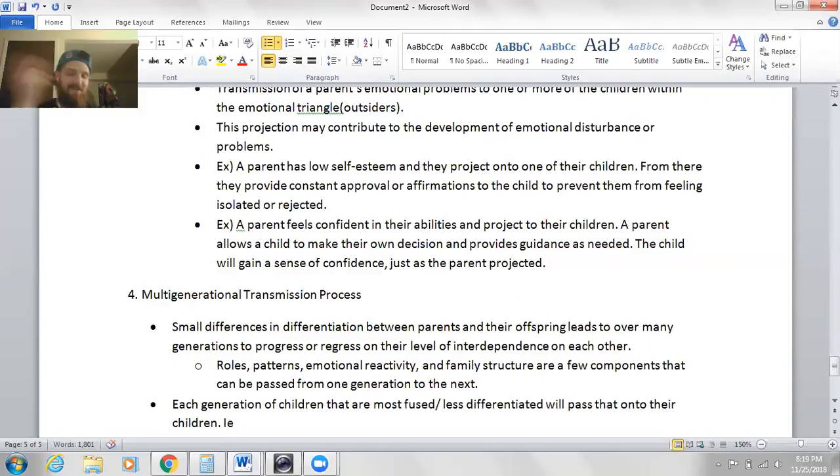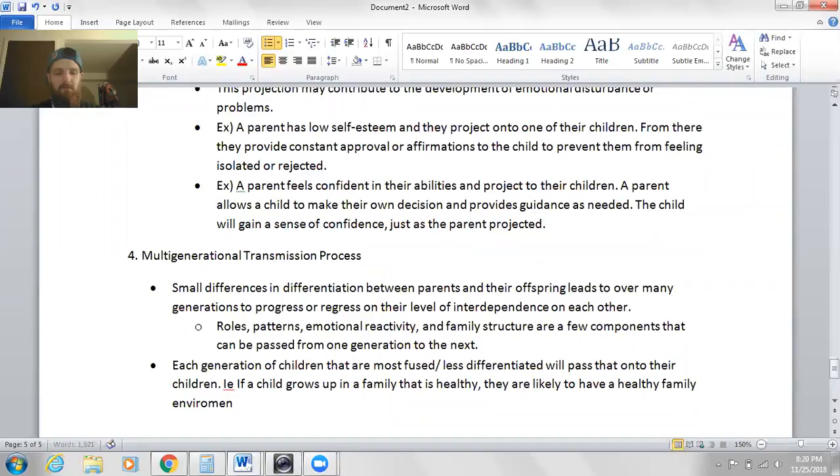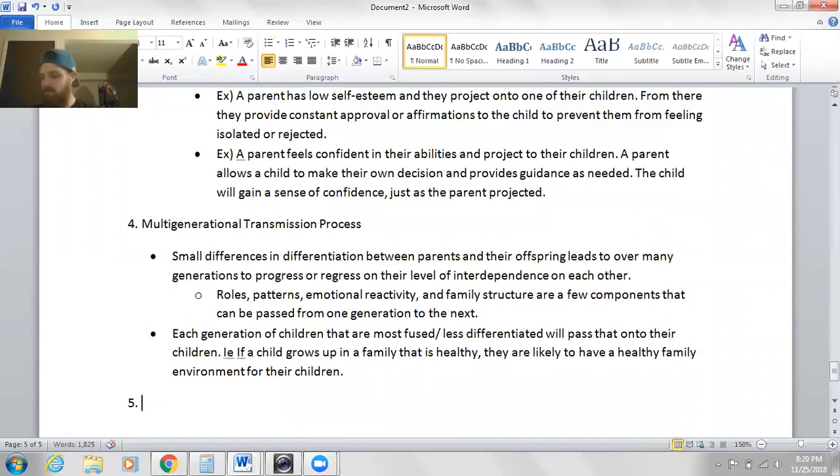So in less super technical terms, if a child grows up in a family that is healthy, they are likely to have a healthy family environment for their children. So then the fifth component we're looking at, emotional cutoff.